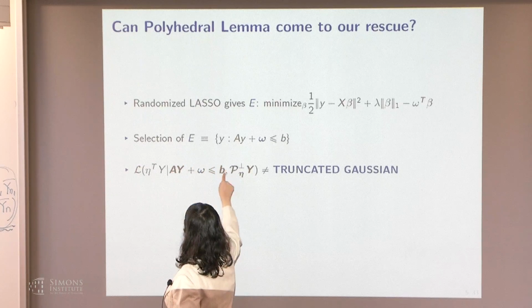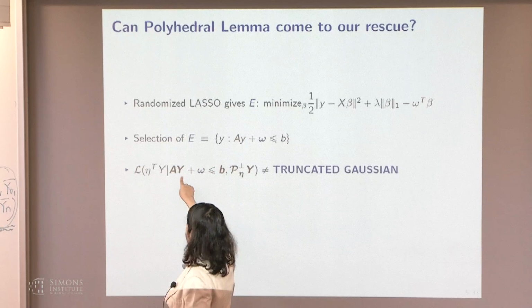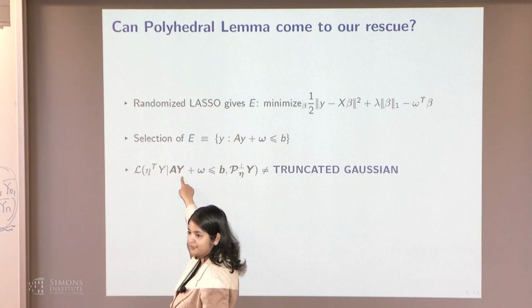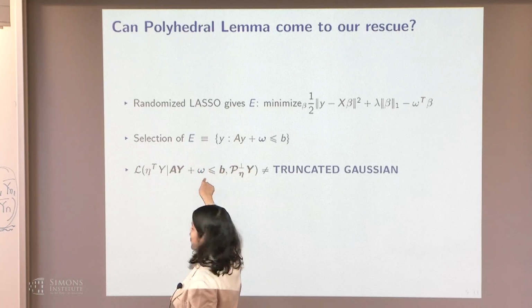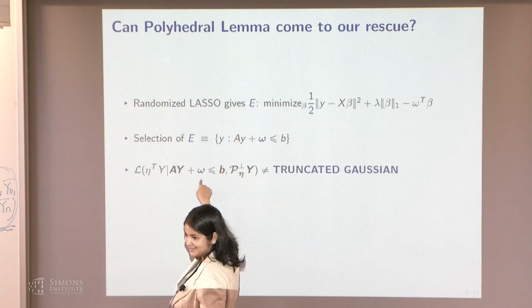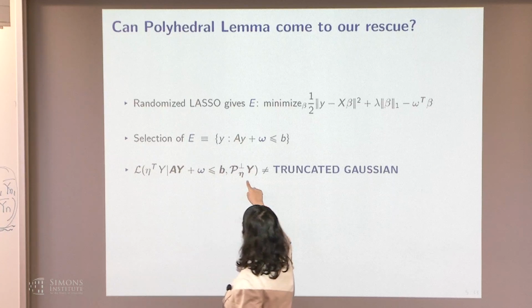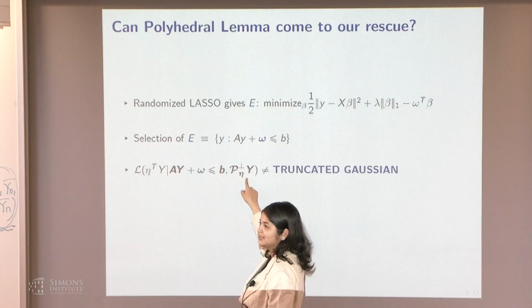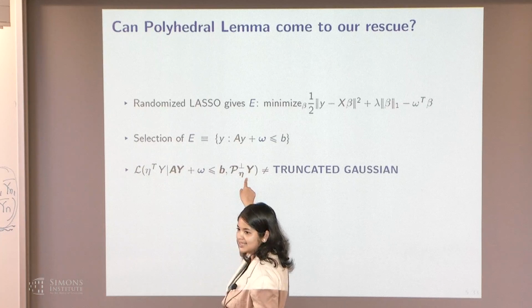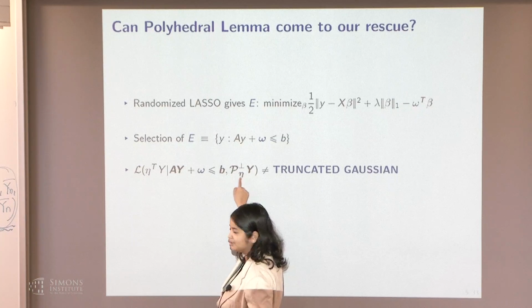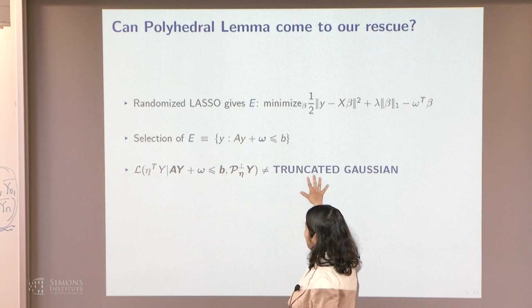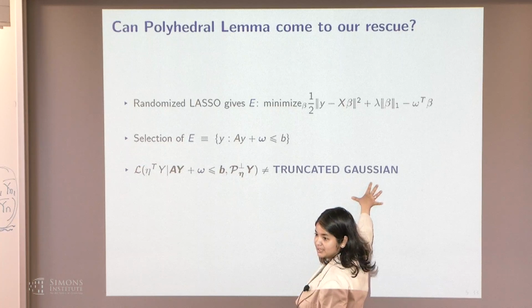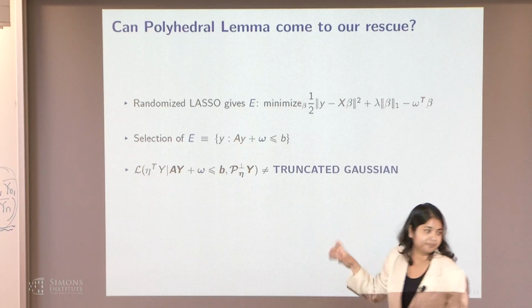And then we condition on the selection event, which is now a polyhedral region defined in terms of your response y and randomization omega. That's the only difference, that you have a randomization in the selection as well. And you condition again on the same nuisance statistics that don't give you any information about the parameter of interest. The point is that this law no longer happens to be a truncated Gaussian anymore.